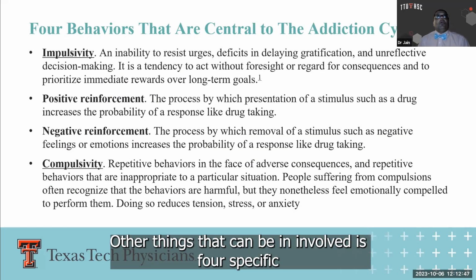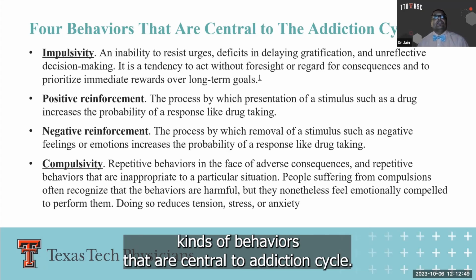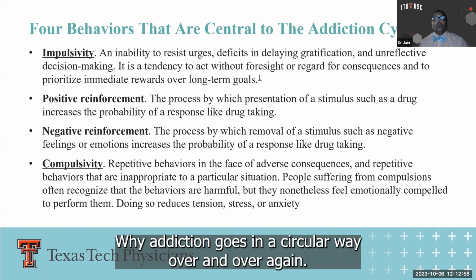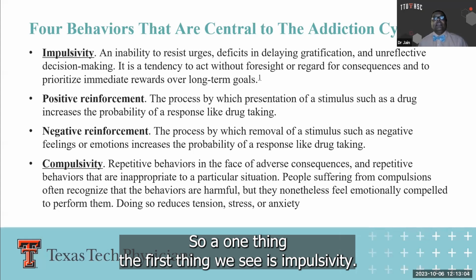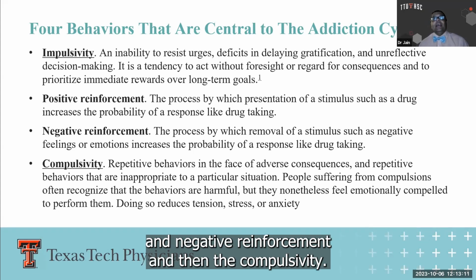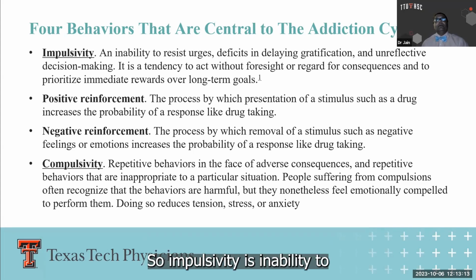Other things may be involved. There are four specific kinds of behaviors that are central to the addiction cycle, and this is something that helps us break down why addiction goes in a circular way over and over again. The first thing is impulsivity, and in between is positive and negative reinforcement, and then compulsivity.